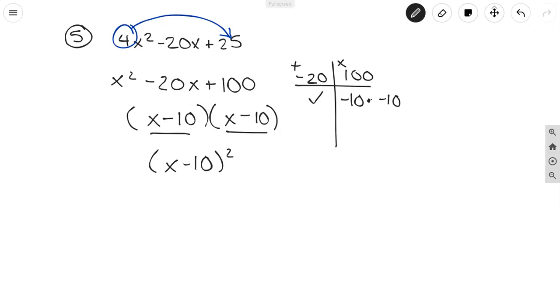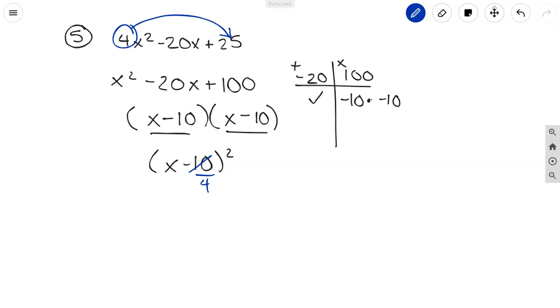But notice I did the slip and slide method. So I have to do one more thing. I have to do the slide part. So I have to now divide by what I multiplied the front by. So 4 times 25, so I'm going to do 10 divided by 4. Looking here, I can simplify 10 over 4. But 4 doesn't go perfectly into 10, but I know 2 goes into both.